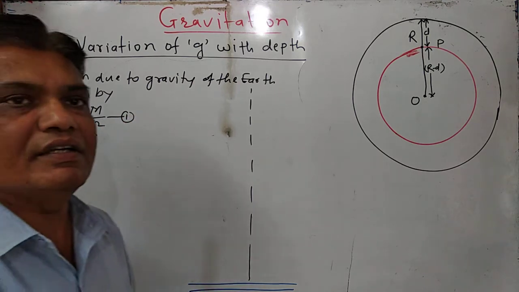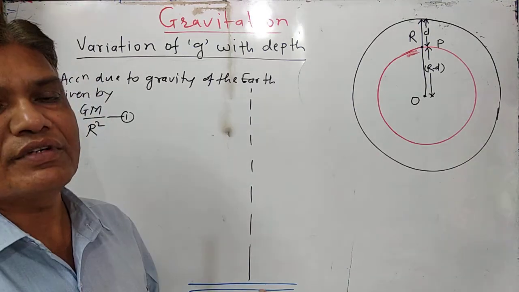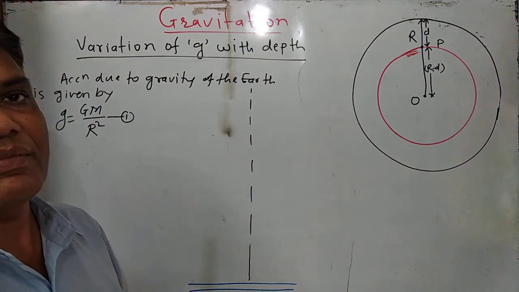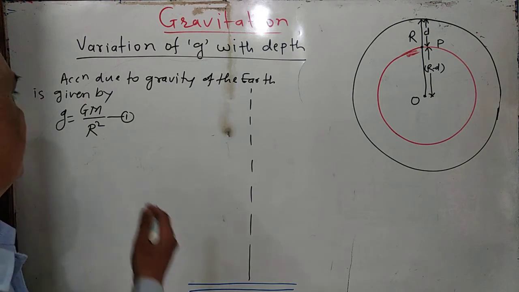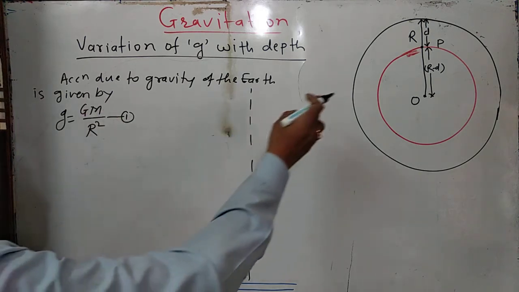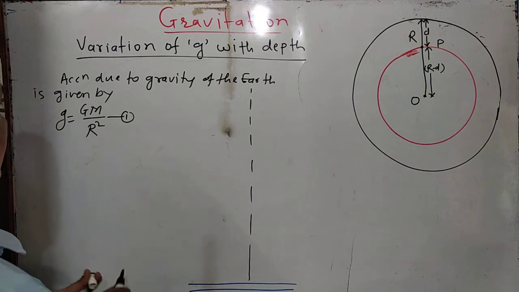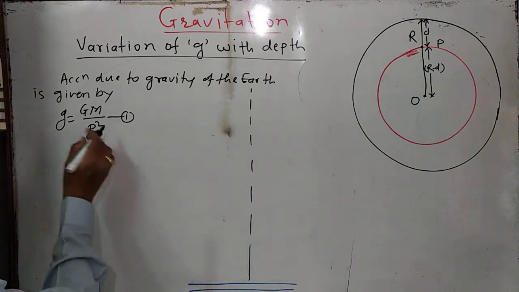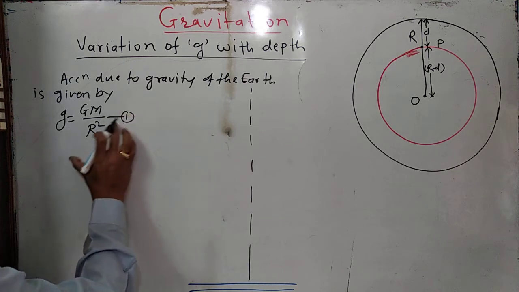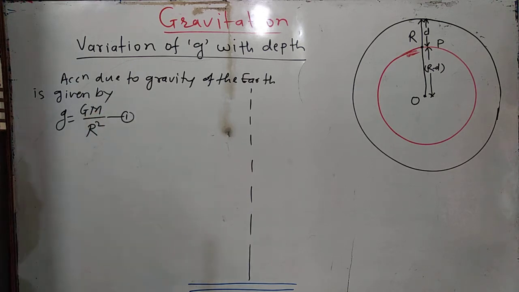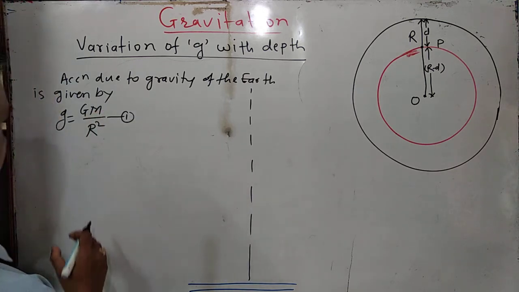Already we have studied how we find out capital G, the gravitational constant, by using Cavendish balance. Capital M is the mass of earth, and R is the radius of earth. Therefore this is the acceleration due to gravity of the earth.